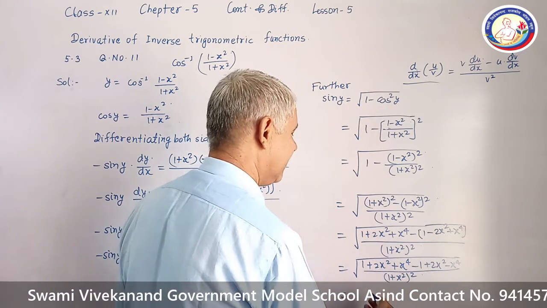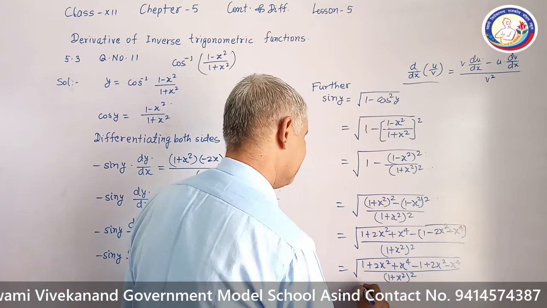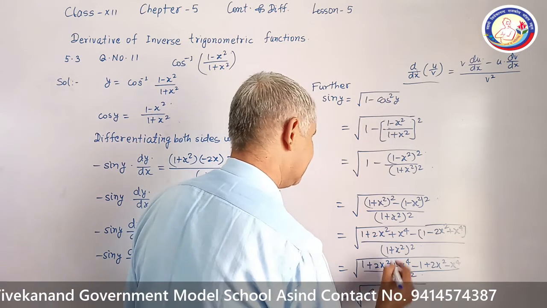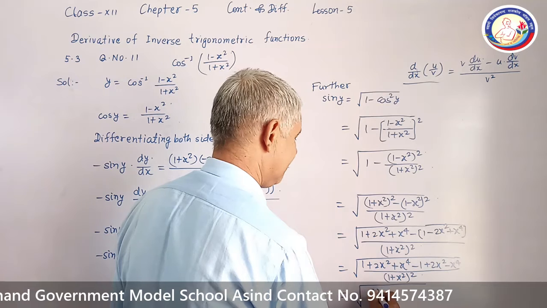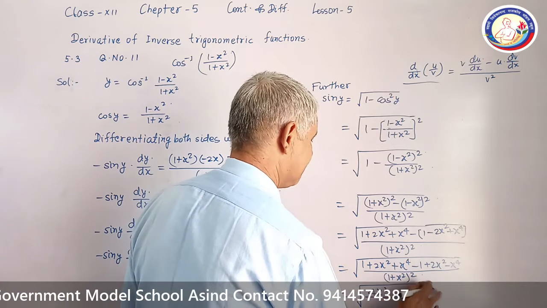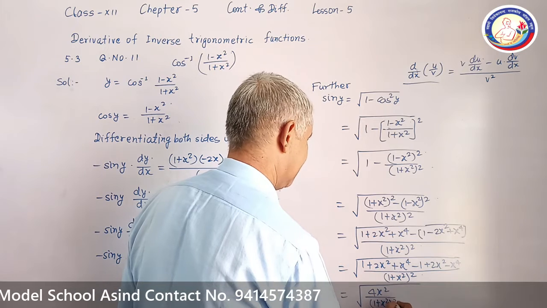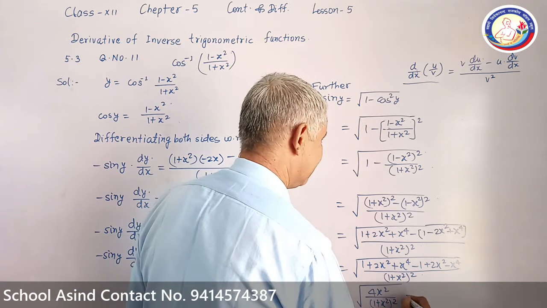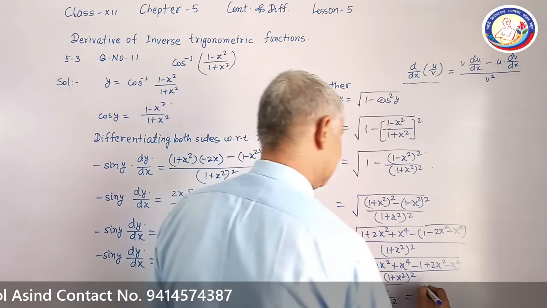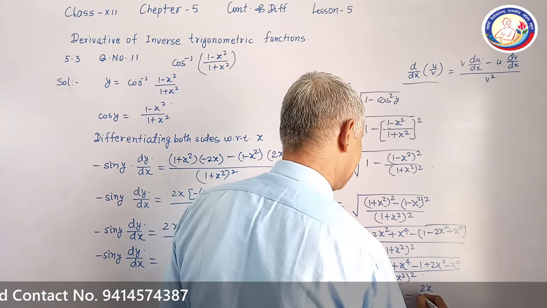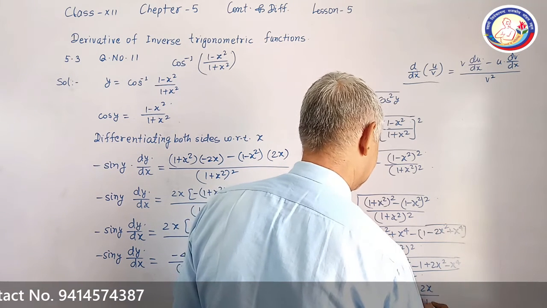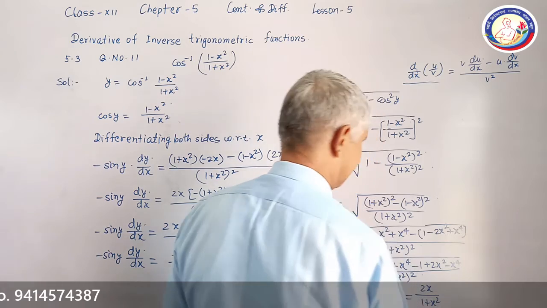So we will get square root of 4x square divided by 1 plus x square whole square. If we take square root of this, that is 2x. We are not taking minus sign here, and 1 plus x square.